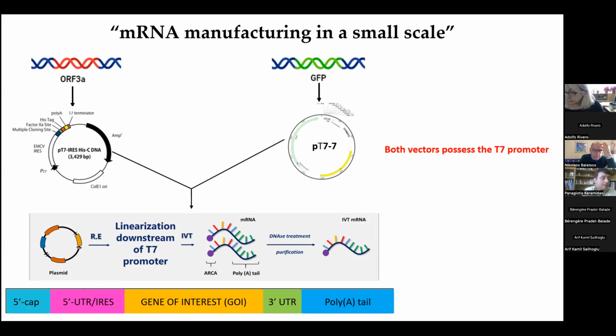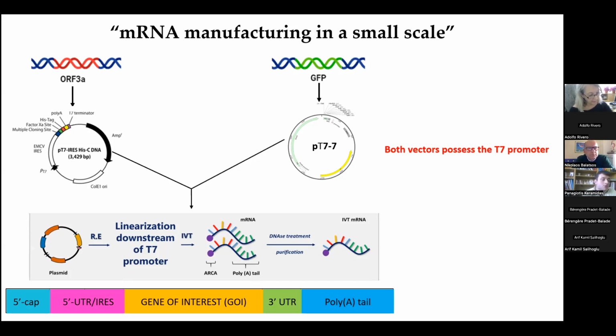So we had to clone it in a vector containing a T7 promoter, as well as we cloned GFP in another pT7.7 vector, which is a lot different from the pT7 IRES cDNA vector in which ORF3A was cloned. pT7 IRES cDNA contains the T7 promoter, which is essential for the in vitro transcription reaction step, and also contains an EMCV IRES element, namely an internal ribosome entry site that enhances the protein translation efficiency later in the mRNA transfection step.